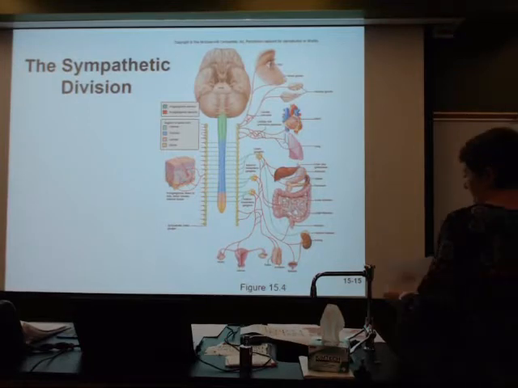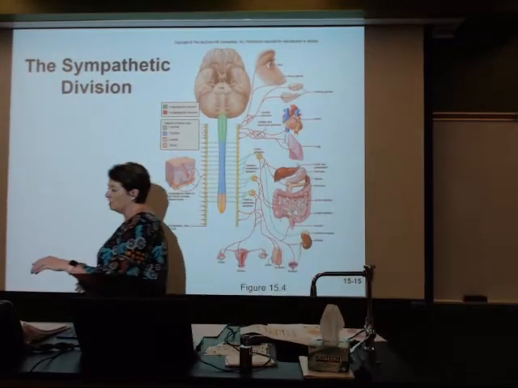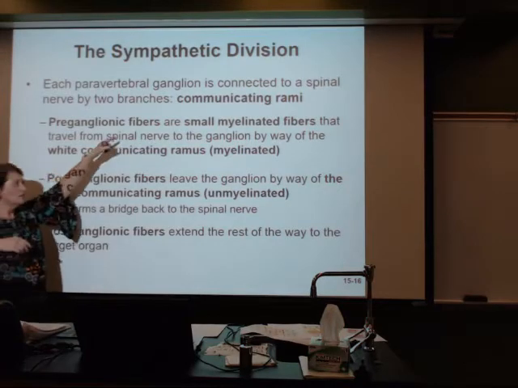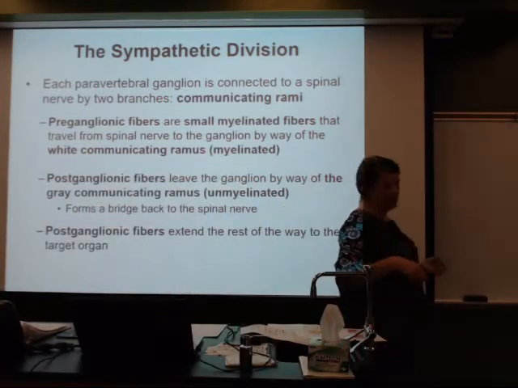Okay, so the sympathetic division, the division that is preparing you for fight or flight. Note, they do pay attention to those pre and post fibers. Now, one of the things that's present in this structure that we have is what's called communicating rami.